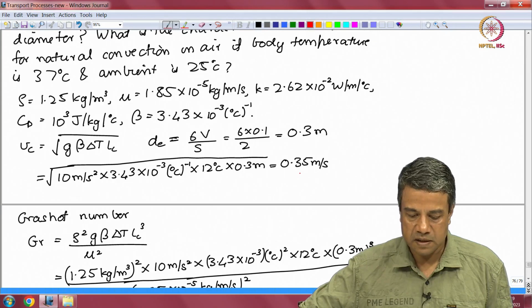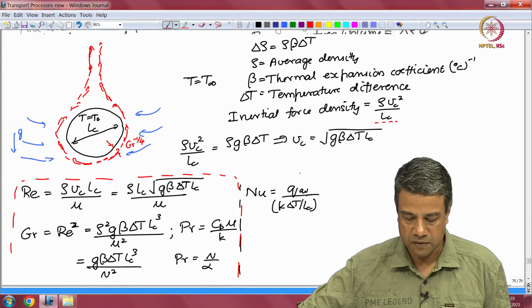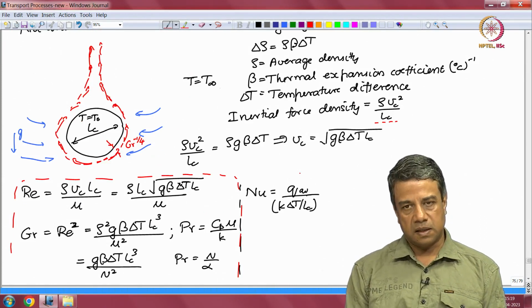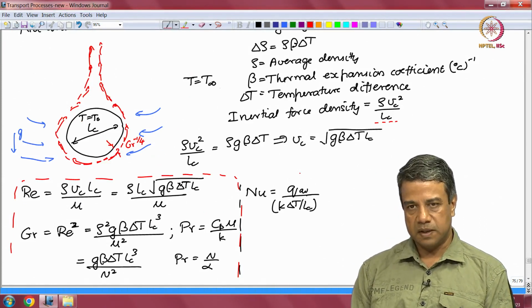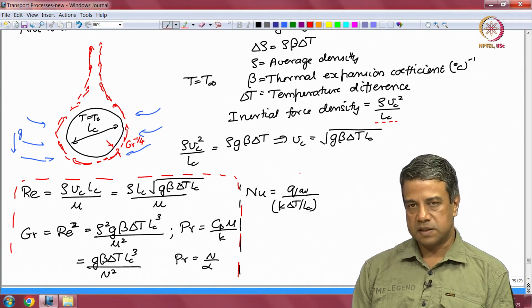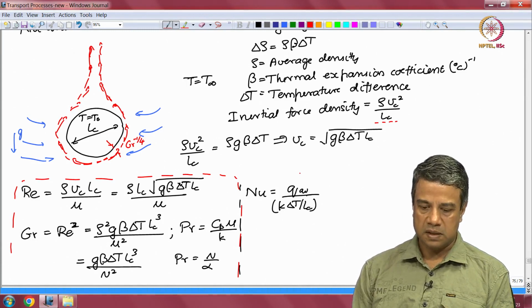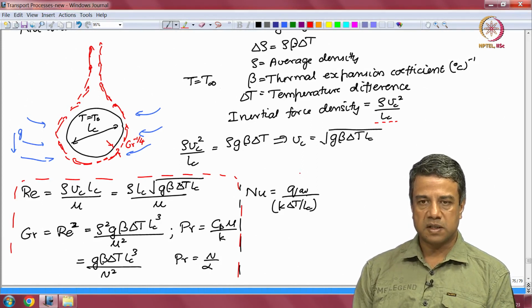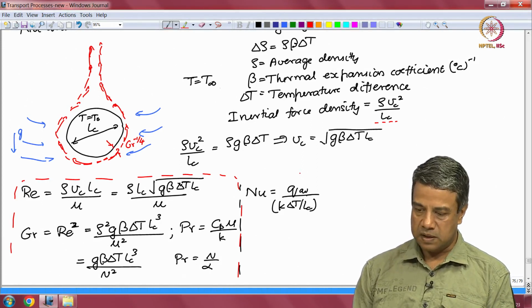The natural convection is generated by a buoyancy force upwards because the fluid close to a heated surface has a higher temperature in comparison to the ambient fluid. Due to this, the fluid close to the surface rises, and as it rises it carries along the heat with it, and the fluid from the ambient comes inward to replace the fluid that has risen, and this creates a heat transfer rate which is much higher than what you would have by diffusion.